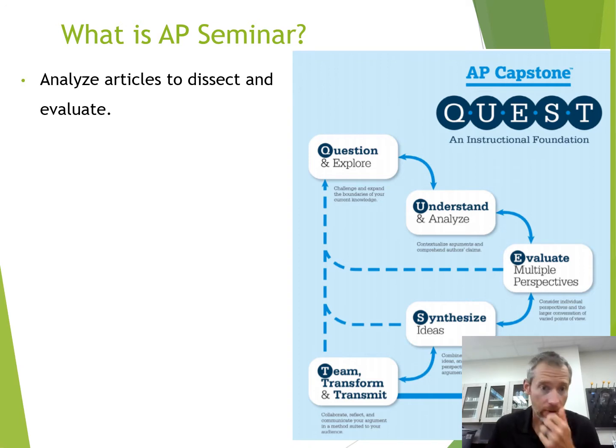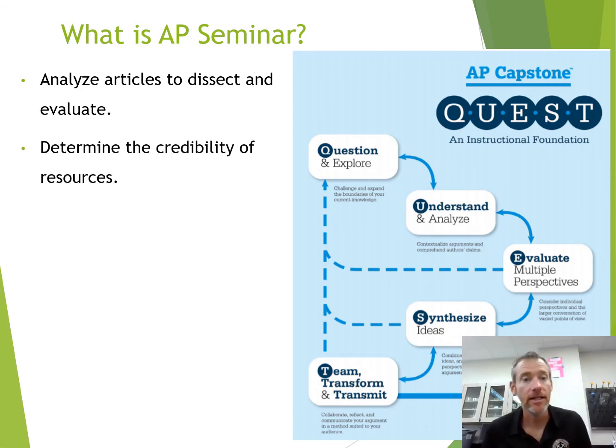So they are going to dissect and evaluate different articles to see the claims an author makes and the evidence they are using, appropriately or inappropriately, and determine if that evidence or those sources are credible.